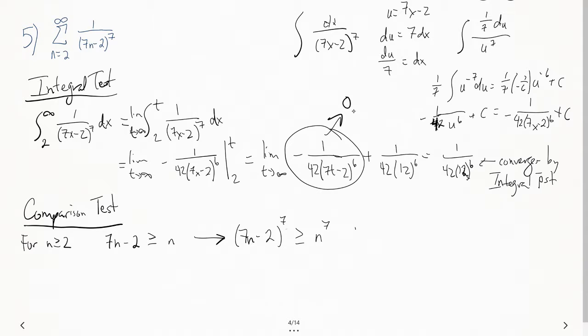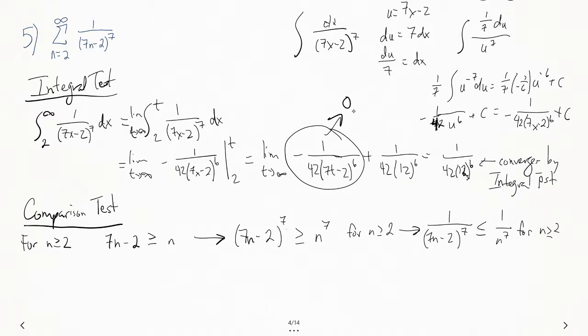And these are all positive numbers for n greater than or equal to 2. So if we turn this around, we have 1 over 7n minus 2 raised to the 7th is less than or equal to 1 over n to the 7th for n greater than or equal to 2. So what does that do?